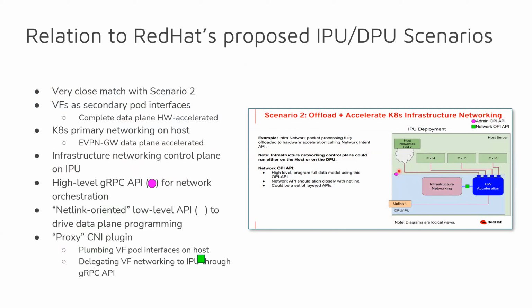We have a high-level API, our gRPC API, to provision networking, and we have a low-level API that is netlink oriented, which is used by the control plane to actually program the forwarding. And our CNI plugin is a kind of proxy CNI plugin. Basically, it does the minimum that it needs to do, that is plumbing virtual functions as port interfaces on the host and programming them with IP address information if necessary, but then delegates all the rest to the IPU control plane through this gRPC API. So it fits very nicely with this proposal.